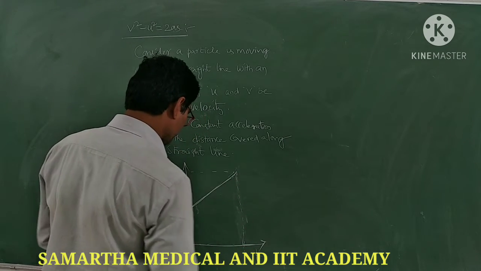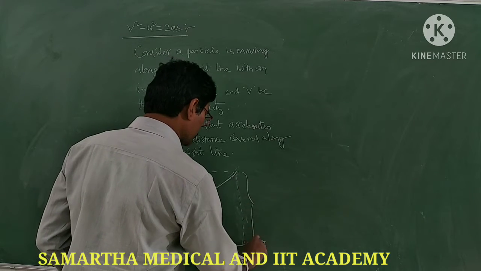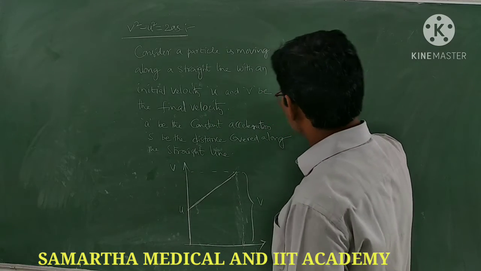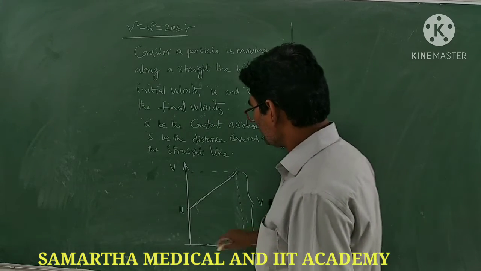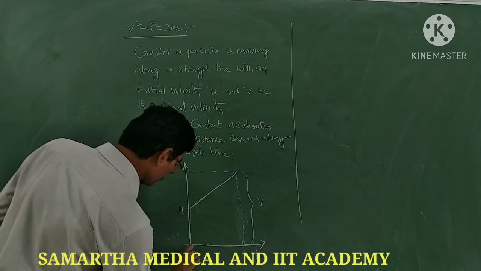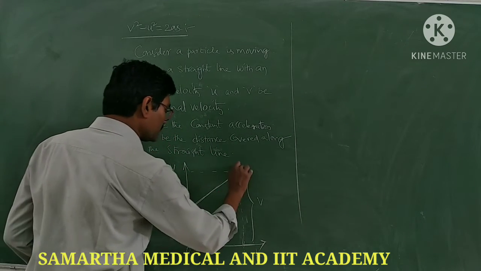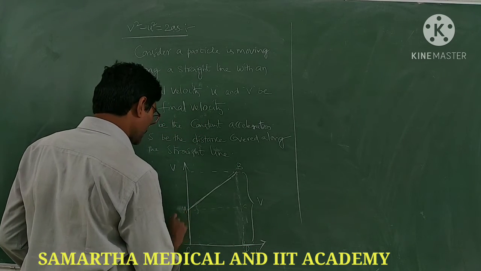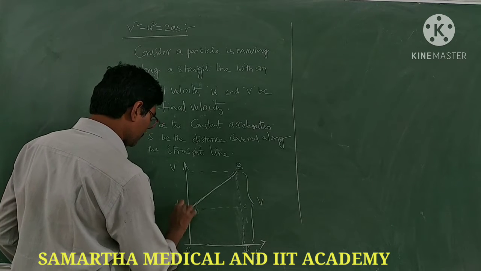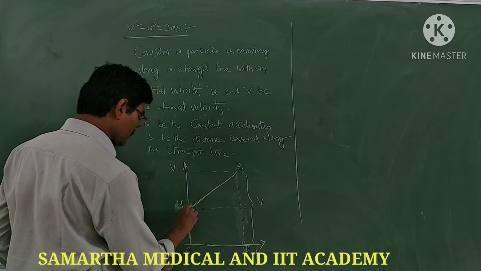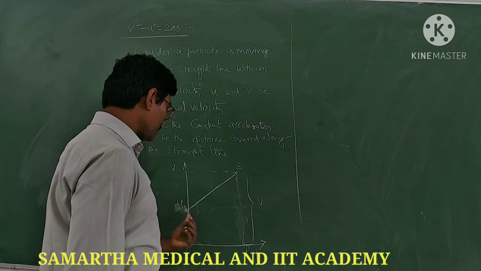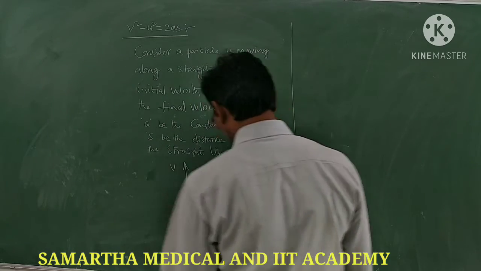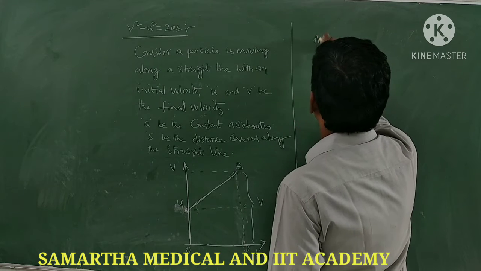From here till here this is v. For the area covered under this trapezium, give notation: this is O, this is A, this is B, this is C, and this is D. At point A, the initial velocity is u. Now I'm going to calculate the area of this trapezium OABD.